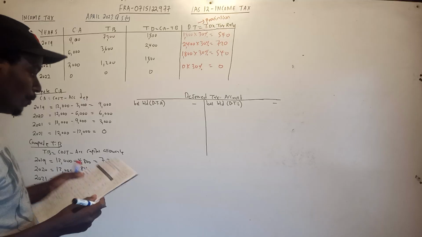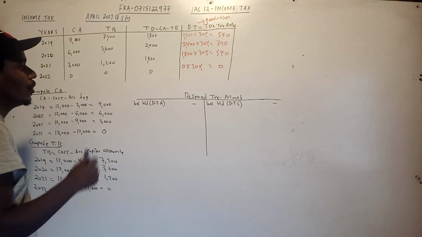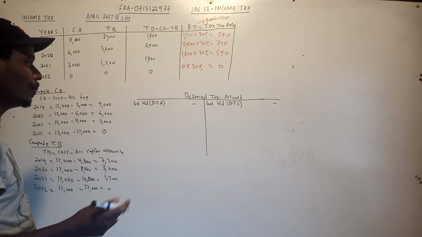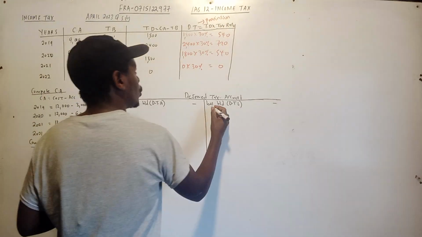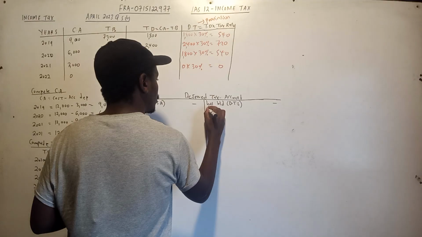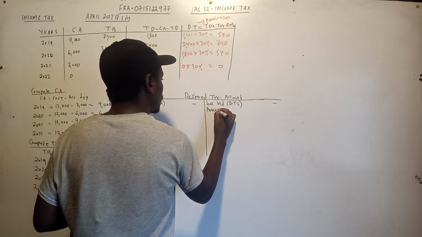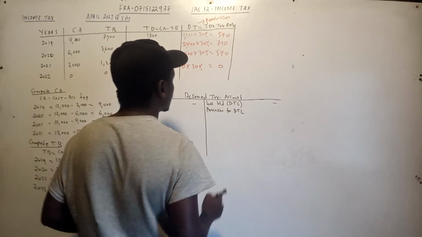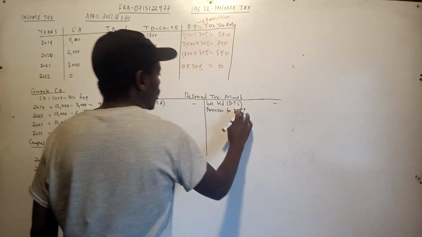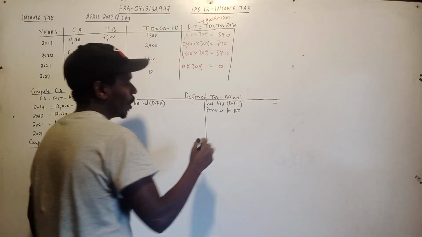Now, the initial provision will be credited in this account. So, which provision is that? Provision for the deferred tax.